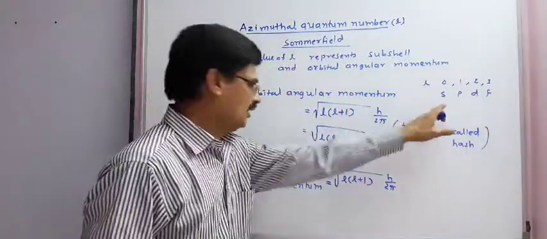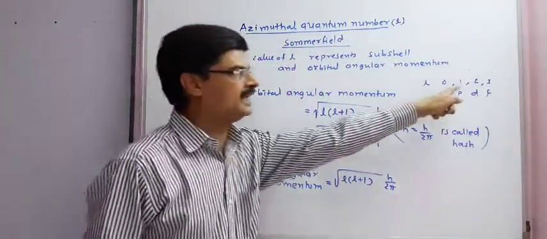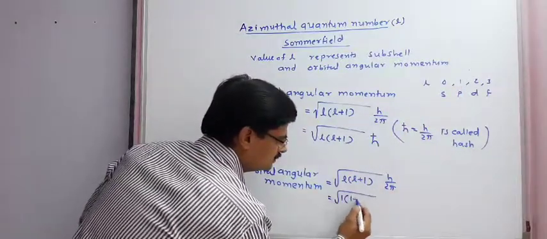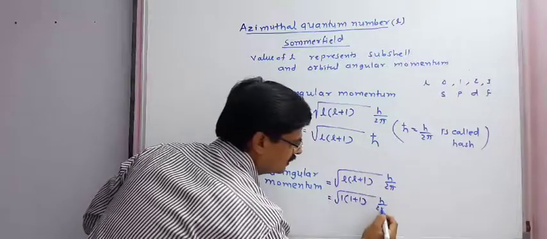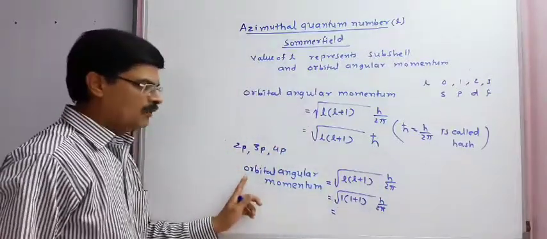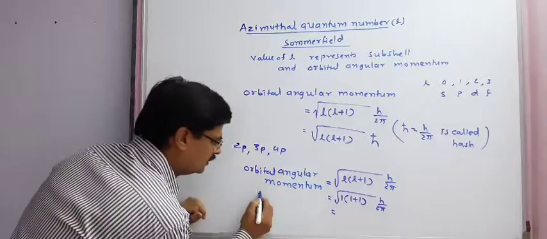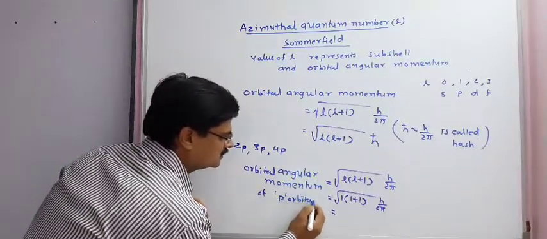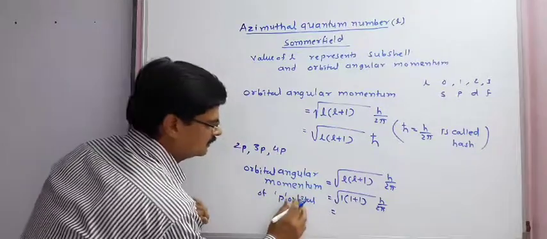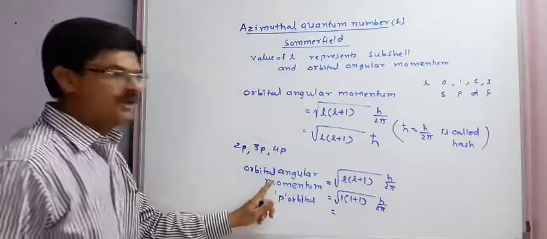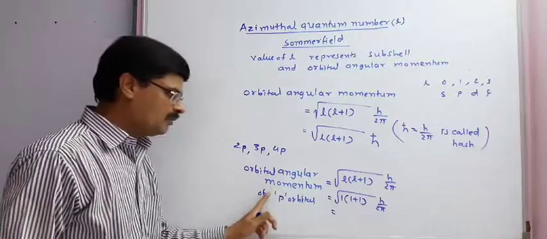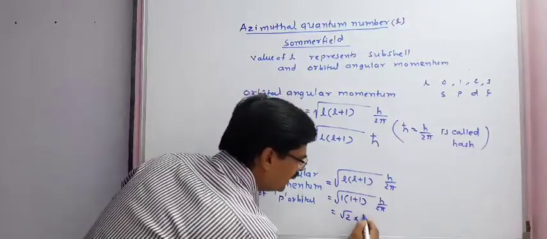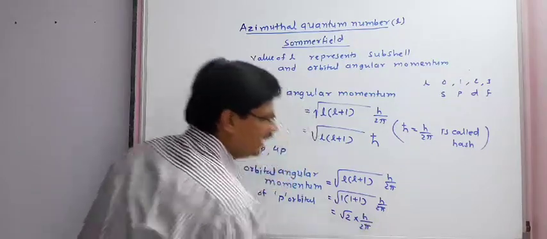So as p orbital is present, we can take the l value to be 1. So orbital angular momentum of p orbital is equal to root 2 into h upon 2 pi.